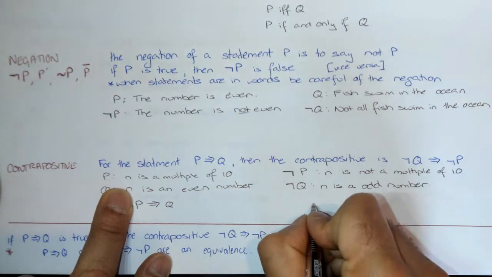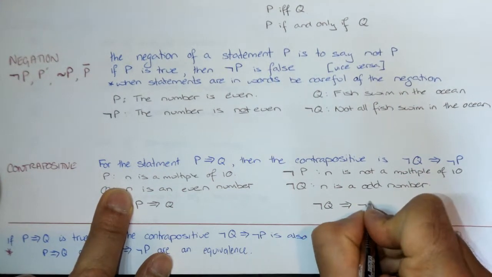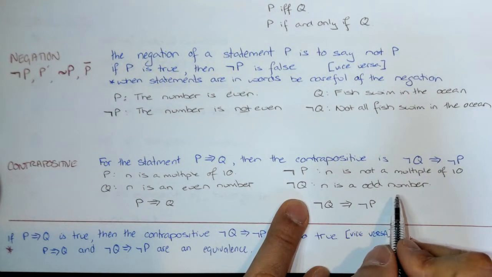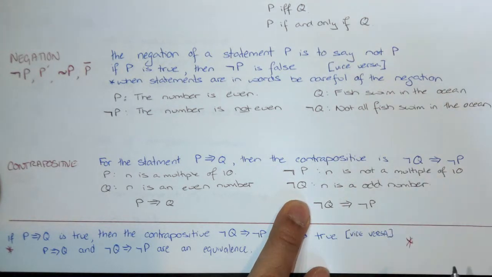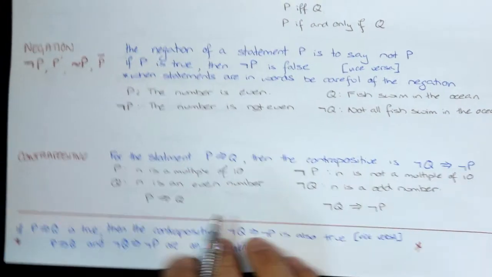The negation of Q implies the negation of P. So if n is an odd number, it implies that it's also not a multiple of 10, which would be true.